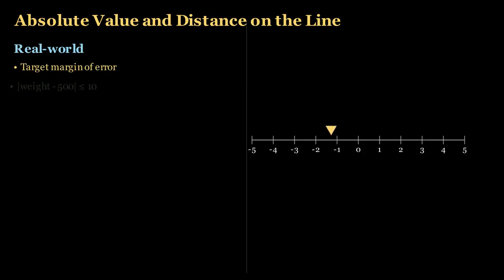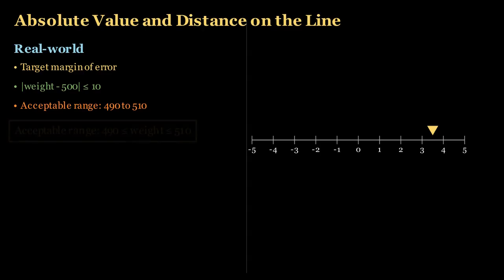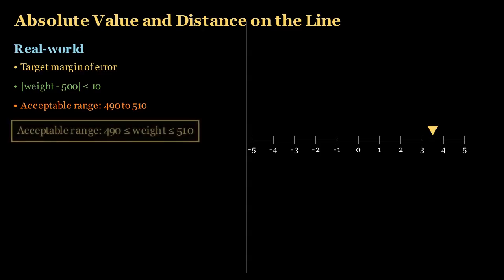To find the acceptable weights, we split it: weight minus 500 at least -10 and weight minus 500 at most 10. Adding 500 to all parts gives weight at least 490 and weight at most 510. So any bag between 490 and 510 grams passes inspection. This is the same epsilon delta thinking. We set a tolerance, epsilon, around a target value.